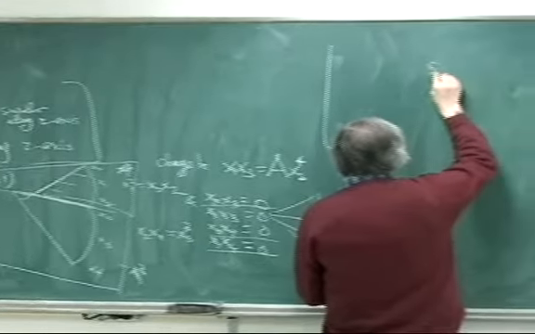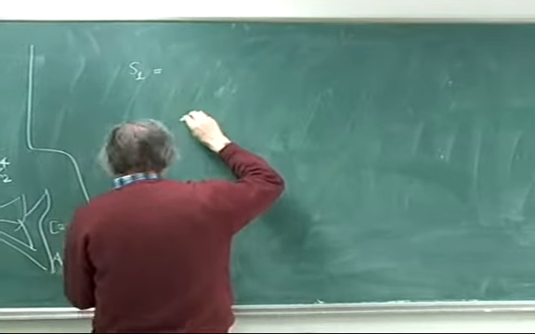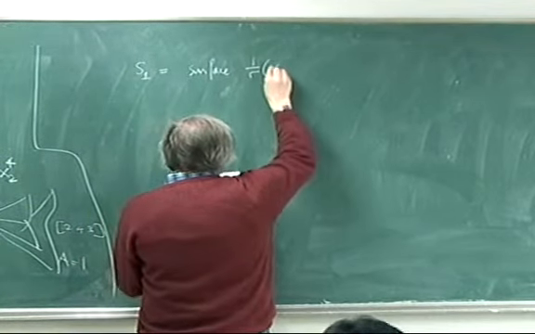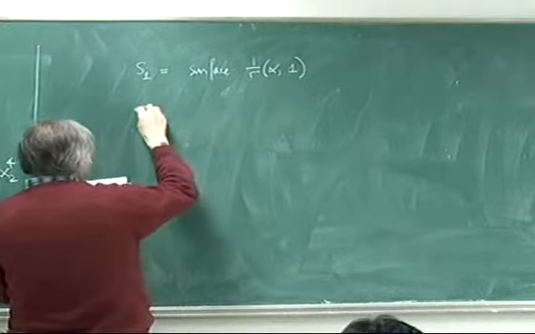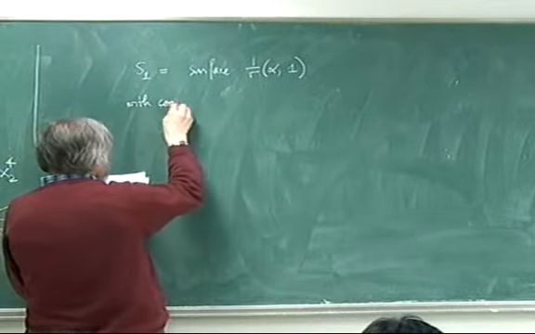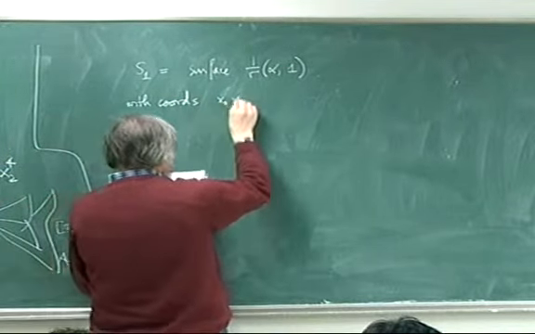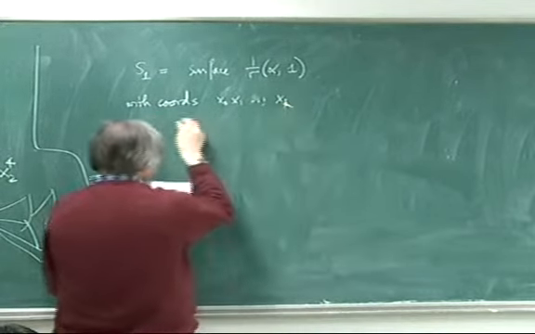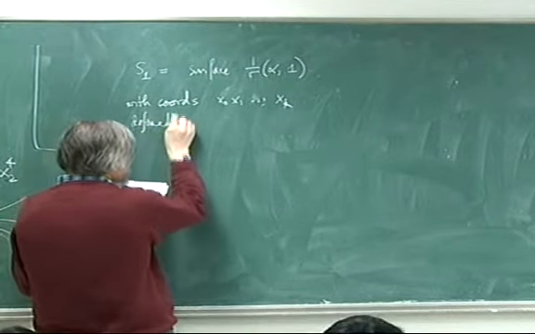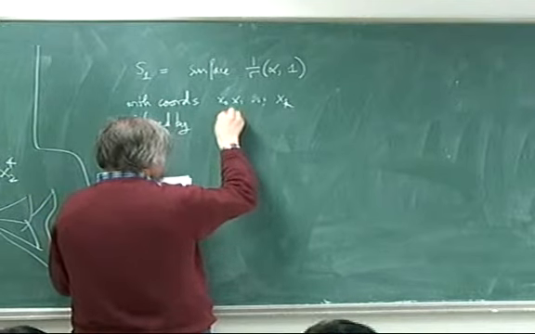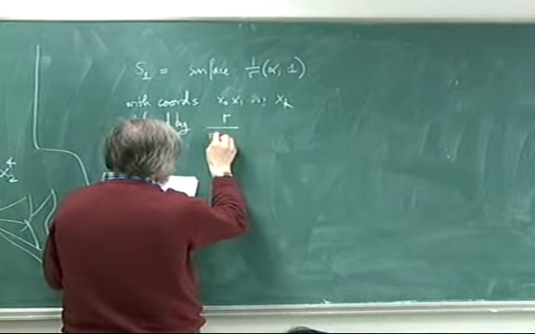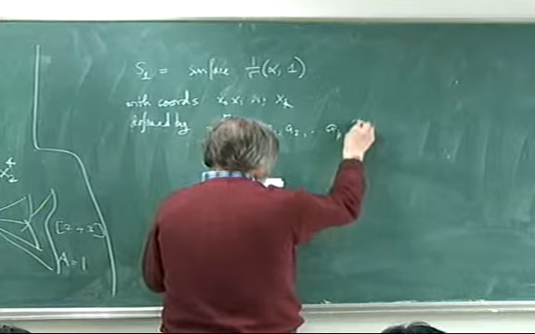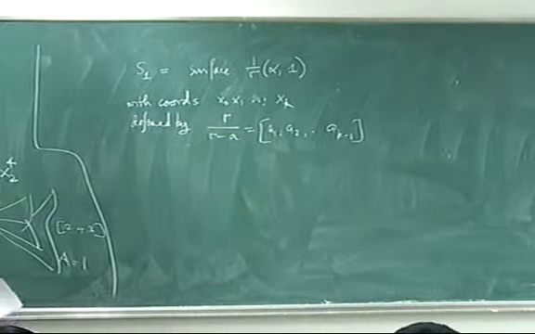So I want S1 to be the surface 1 over r of (alpha, 1) with coordinates x0, x1, and so on, up to xk, defined by r over r minus a, a1, a2 to a(k-1).